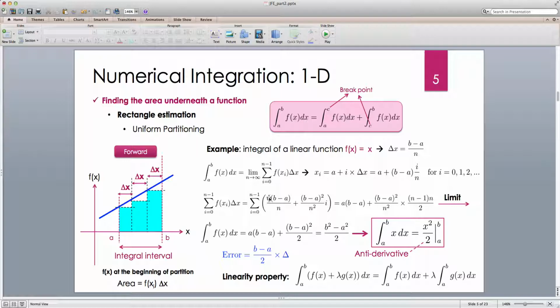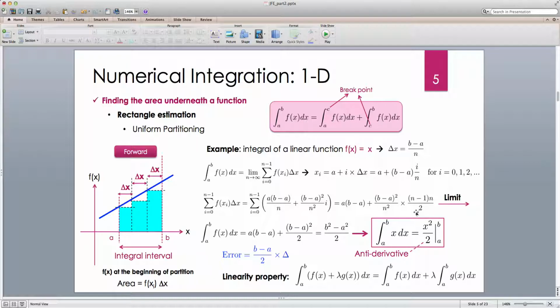It could be outside. It doesn't matter. This equality always holds. And you can easily prove the case when c is inside the interval just by looking at this summation, because then you just have to break the index. Instead of having 0 to n minus 1, you have 0 to some index m, and from index m to n minus 1. And it gives you the summation here, all right?